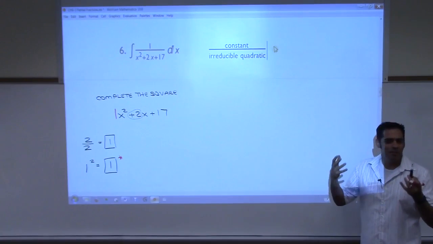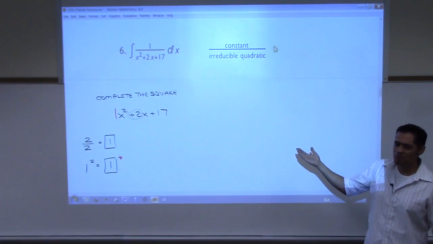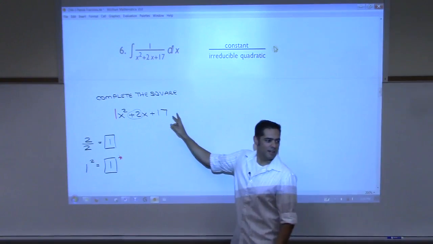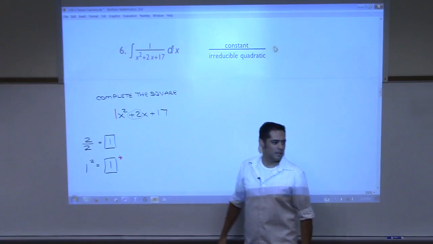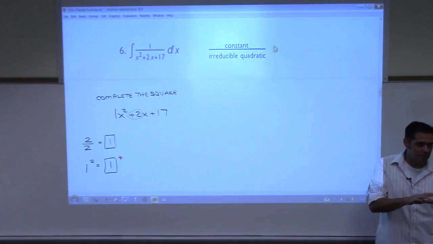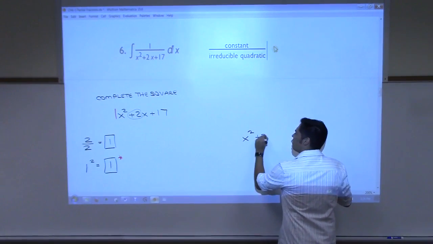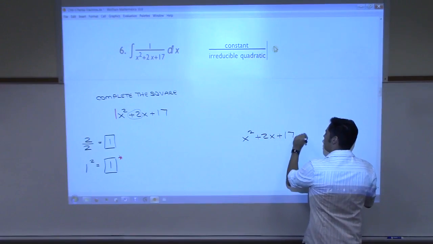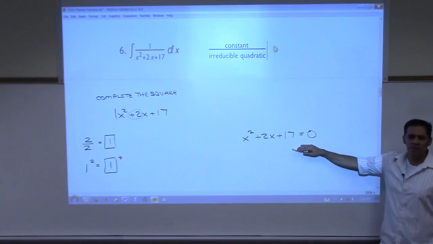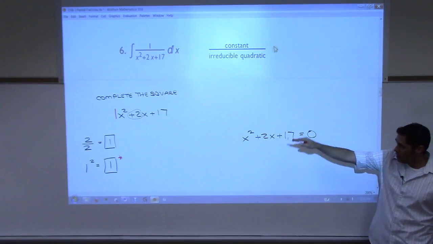When you're saying add it to both sides of what? There's no other side, right? That's what I'm saying. So this is why this is an important concept, because a lot of you were taught in college algebra, and I'm not saying that you were taught incorrectly, but what you were doing there was trying to solve an equation. So they taught you to complete the square, which is everything I'm doing here.